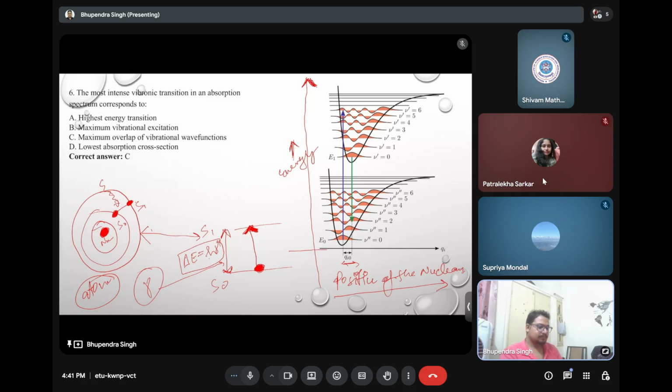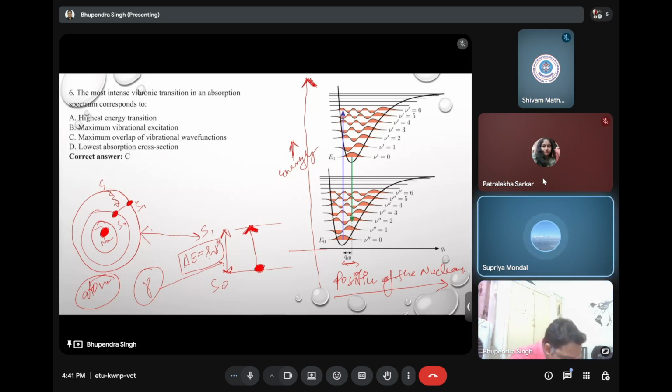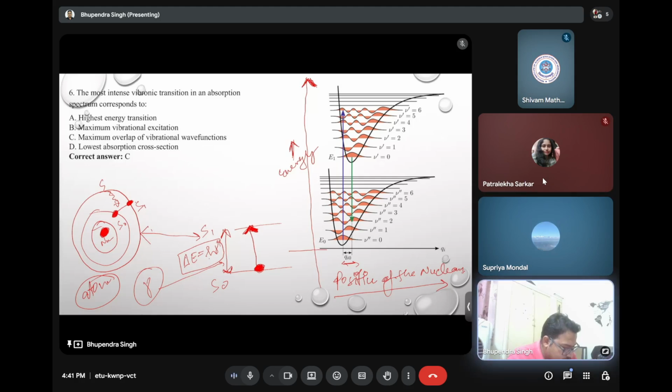Tell me. Yes, okay. So I'm countering your argument, that is why I'm asking you. You are telling this is emission, and I fully agree with you. But you said if the nuclear position does not change, then the emission and absorption will be the same, the wavelength will be the same. Something like that you said.